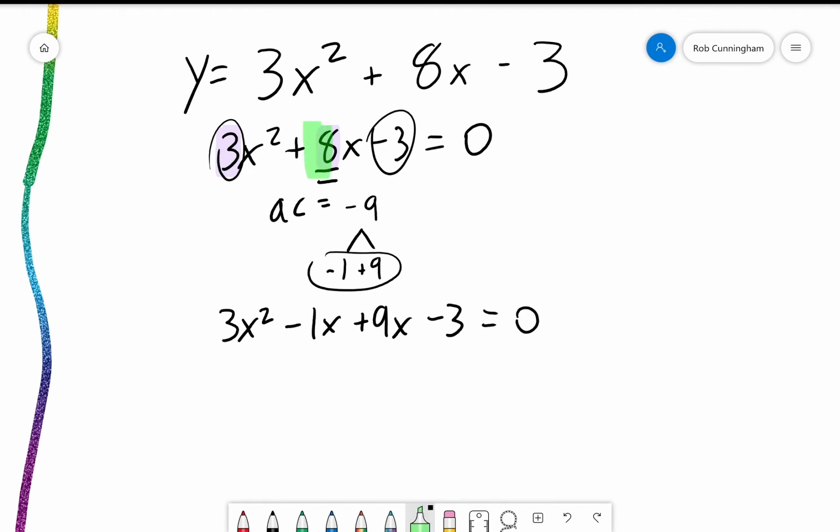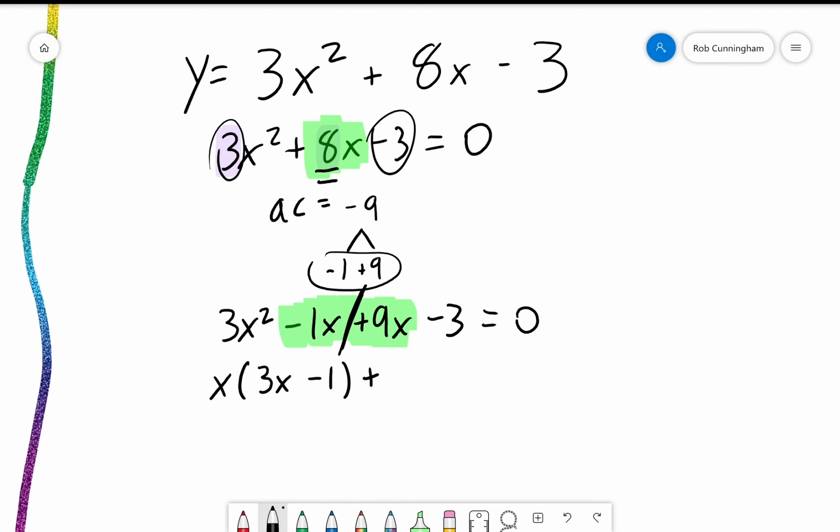Notice that we have not changed anything. That's 8x. That's 8x. We just kind of uncombined like terms. Our next step, split this new quadrinomial in half. What can I factor out of the first two terms? Well, all I see is an x. 3x squared divided by x is just 3x. -1x divided by x is -1.